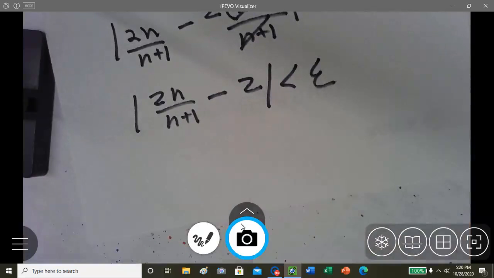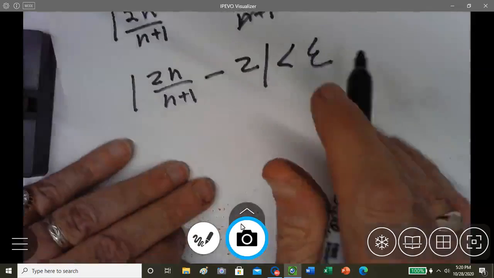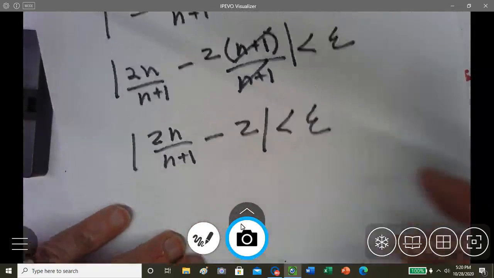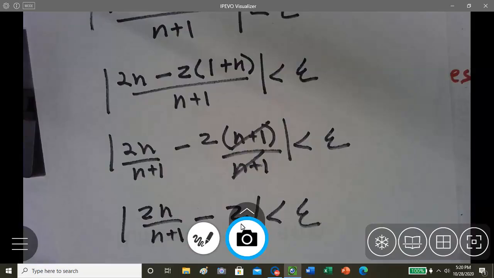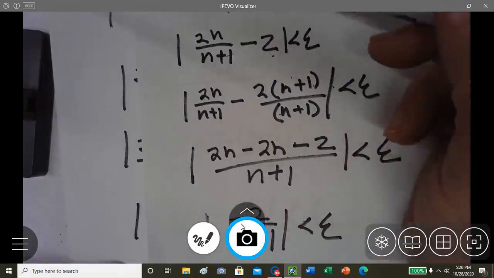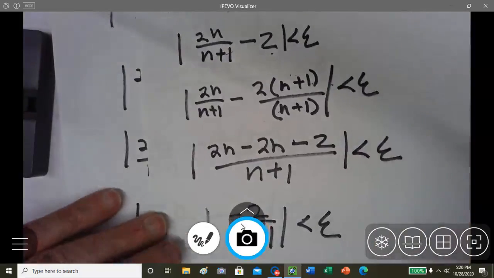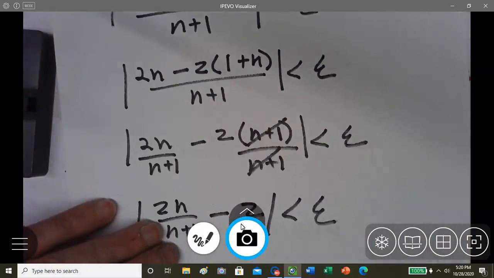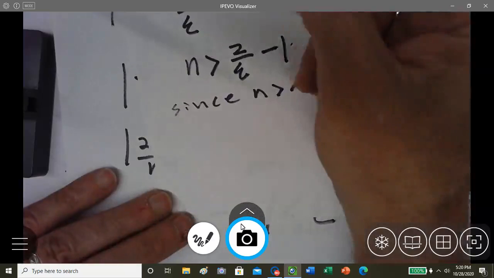And so since it's proven, that's all there is that you have to do. So again, you have to start with the scratch work, plug it in, and find the uppercase N you have to solve for.